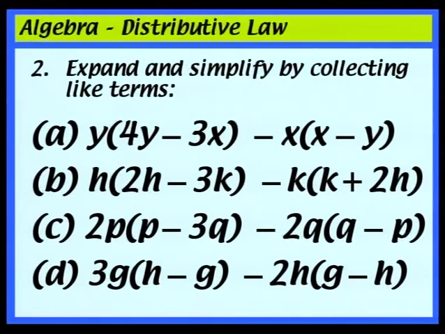Did you say minus 5hk or minus hk? Is it supposed to be 5hk? Okay, 2h squared minus 5hk minus k squared. That's for letter B.